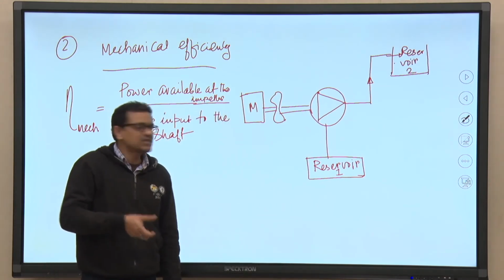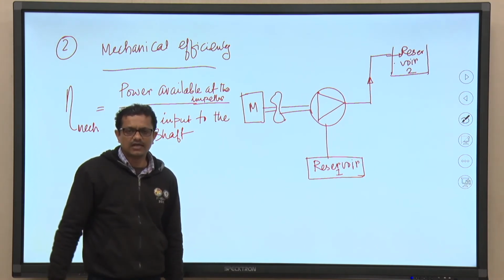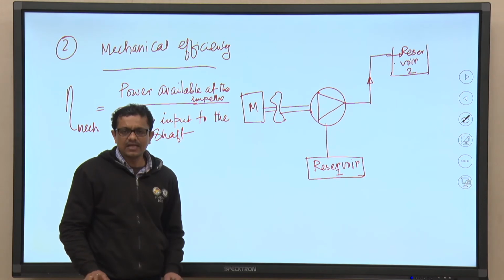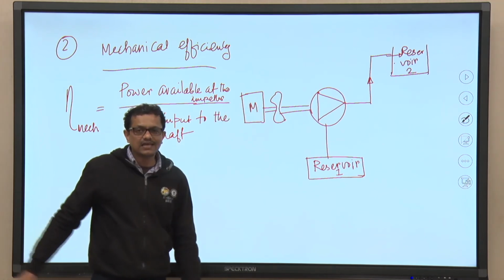So, input energy to the shaft, if it is the output power of the motor, again I am telling, the output power of the motor should not be equal to the input power to the pump because of this kind of mechanical linkage and other things.